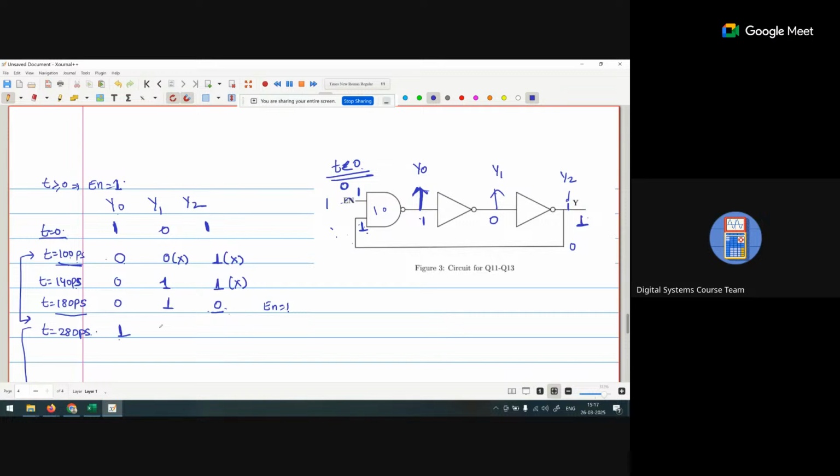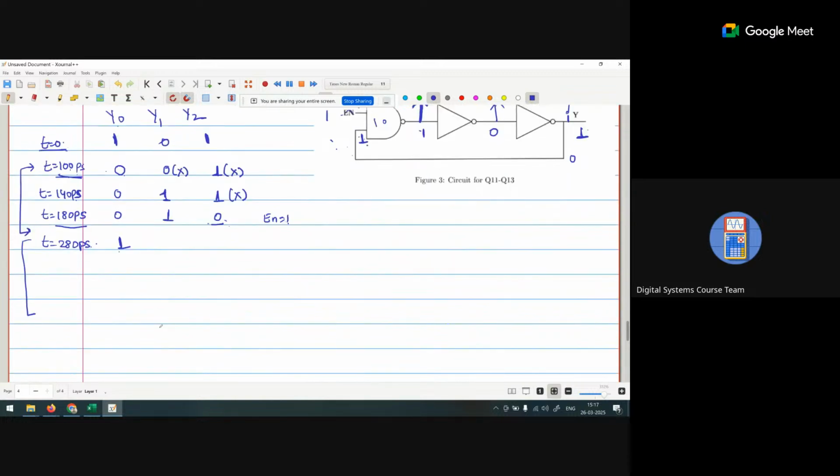Okay, after 280 picosecond we are getting t is equal to 320 picosecond. At 320 picosecond it is invalid. It is invalid. Okay, so we are getting a 1 here. Now with respect to this one we are getting a 0 here, and this 0 is invalid. Now t is equal to 360 picosecond.